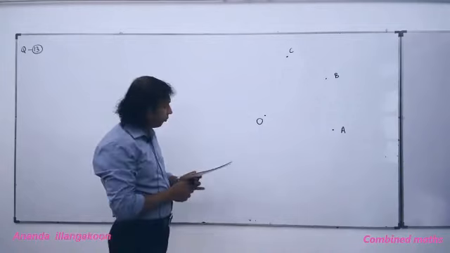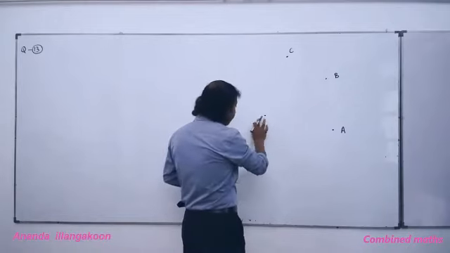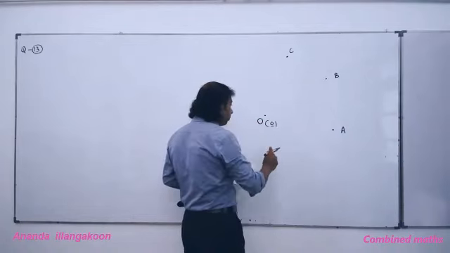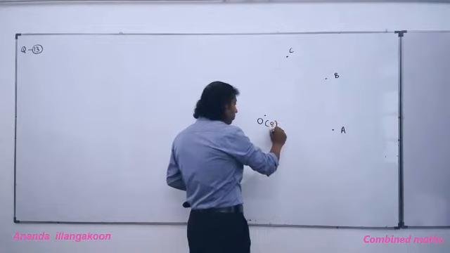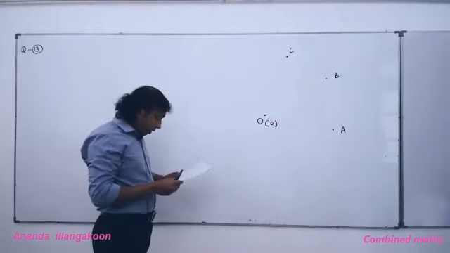This point O has the position vector null vector. We know the position vector of the origin O is the null vector.